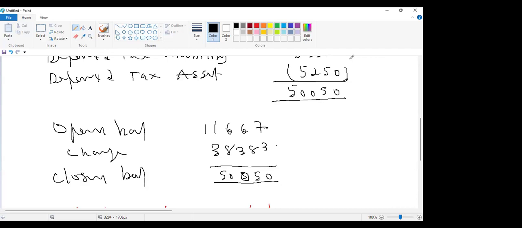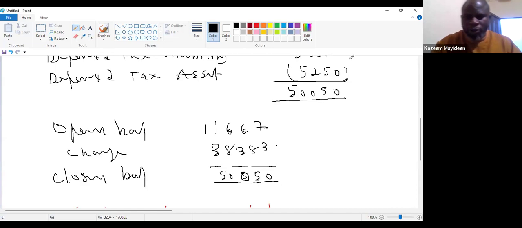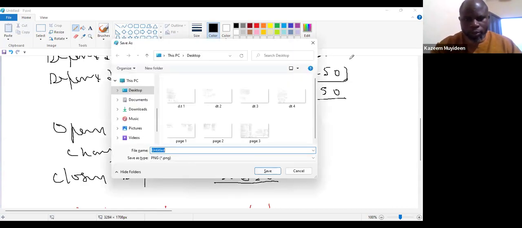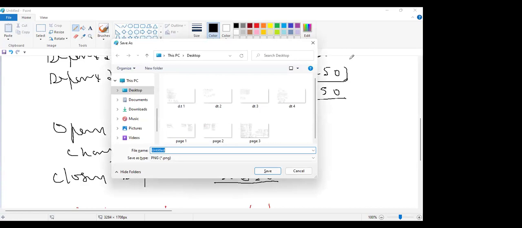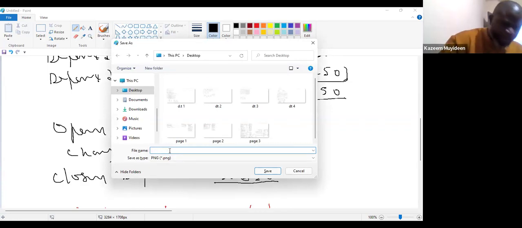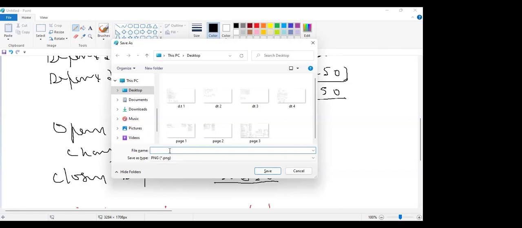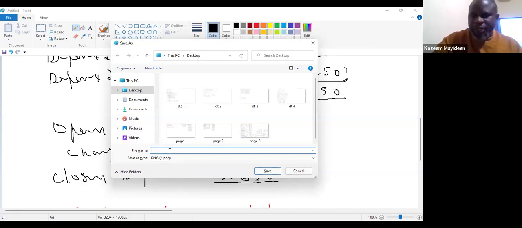Let me save this so that I can send it to you. We take note of the effect of changing the tax rate. So I want to go to question number 9, Liberty PSC. You can see a different approach to it.